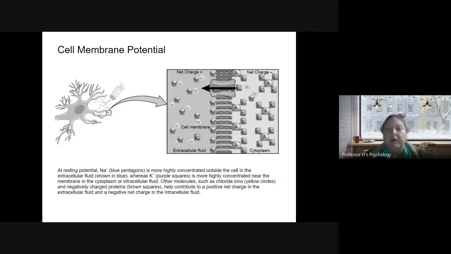The reason for these little proteins to be able to passively allow certain things to go through is to keep the cell at homeostasis. So these little movements can keep the cell where it needs to be. The inside of the cell is more negatively charged than the outside of the cell.